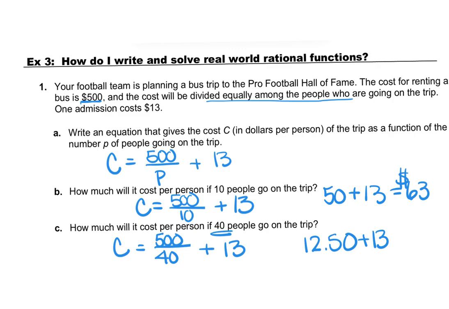And then you'd have your $13 for your ticket. So if 40 people went, you would be spending a total of $25.50. So in this lesson, we took a look at how to graph rational functions.